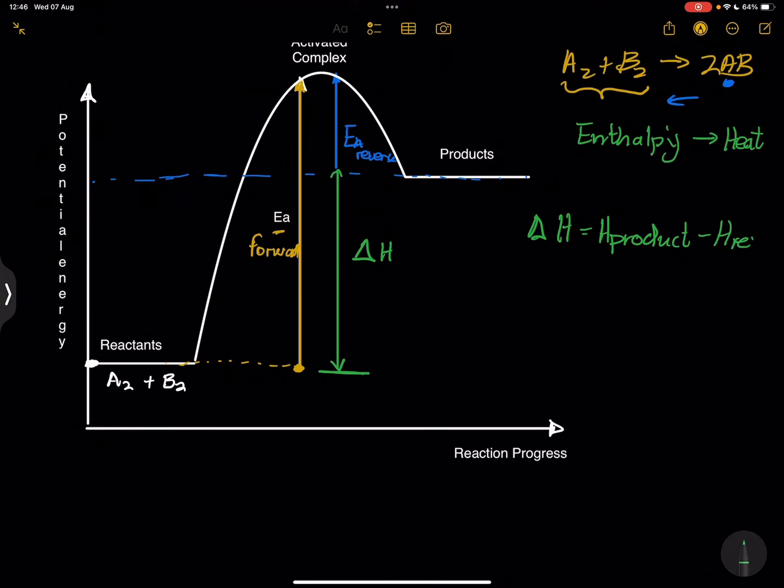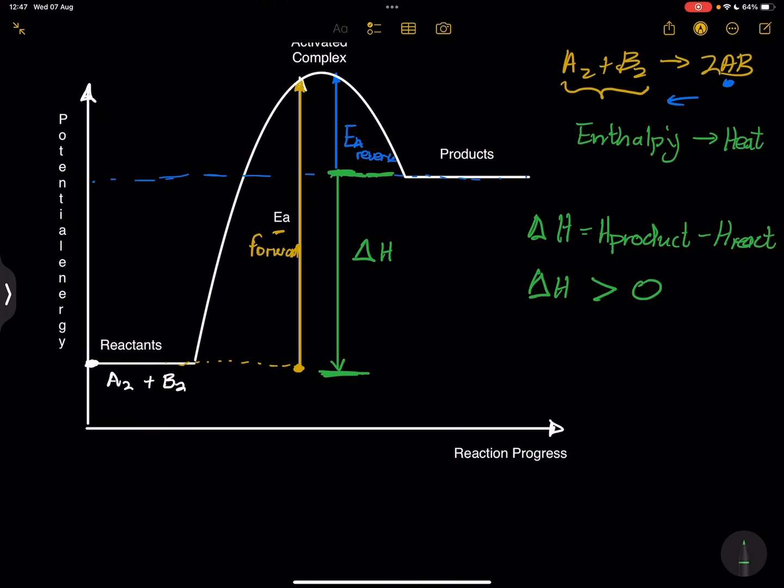So I want you to note, in this particular case, the energy of the products is much greater than the energy of the reactants. So what am I expecting? That delta H will actually be a positive value. It will be greater than 0, right? So note, if I want to calculate delta H, it will be the energy of the products minus the energy of the reactants, and we've indicated it there.